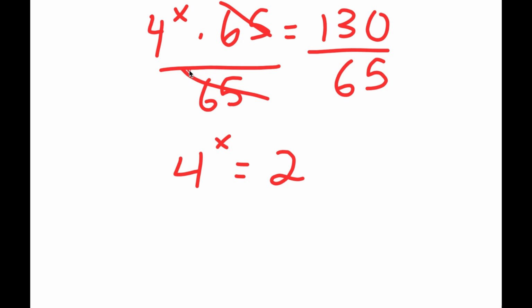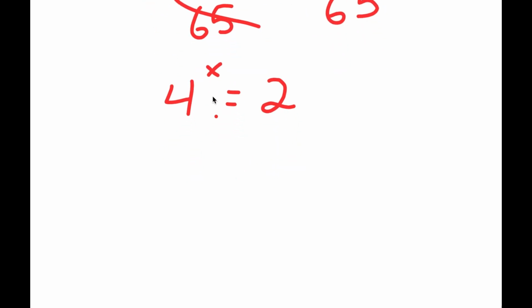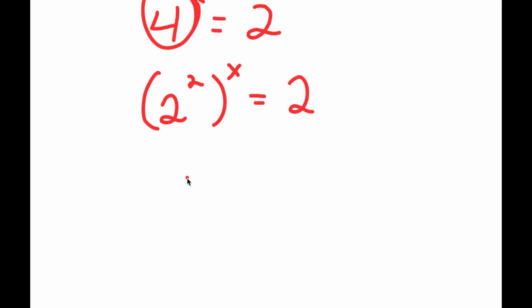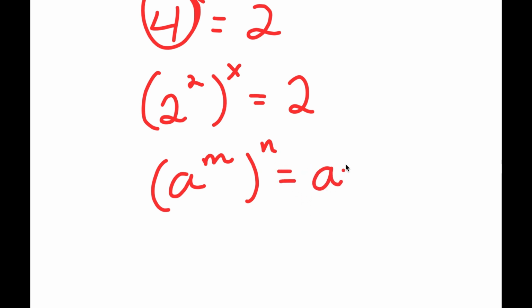And from here, to solve this, I'm going to first rewrite 4 as 2 squared. So I have 2 squared to the power of x is equal to 2. And if I have something in the form a to the power of m to the power of n, this is equal to a to the power of m times n.